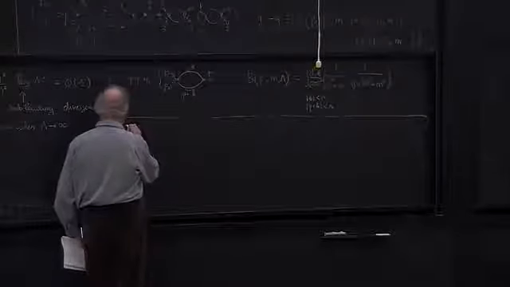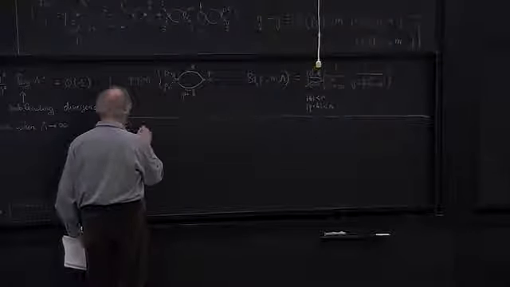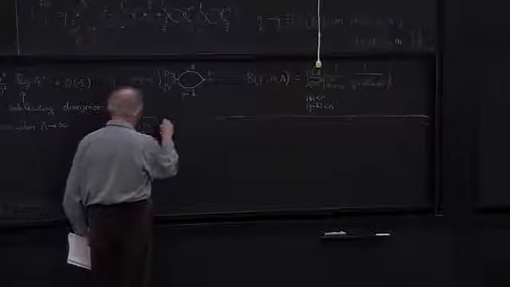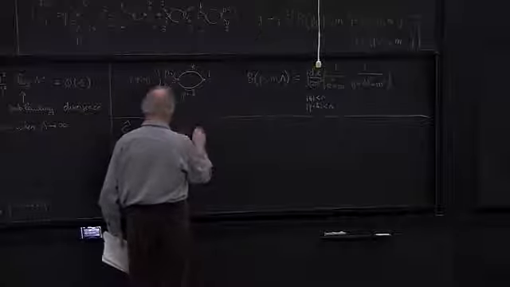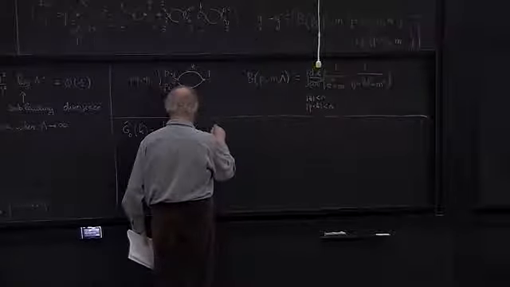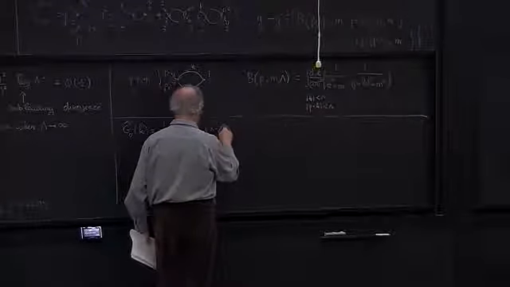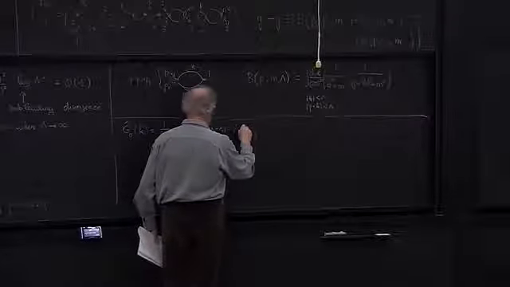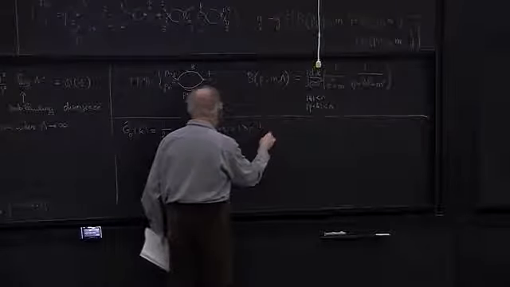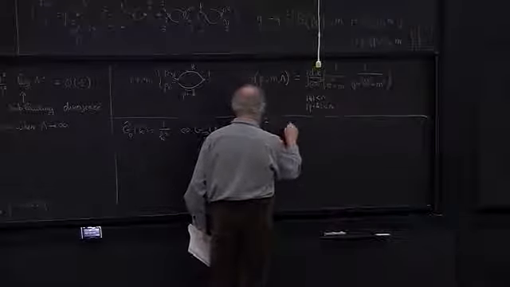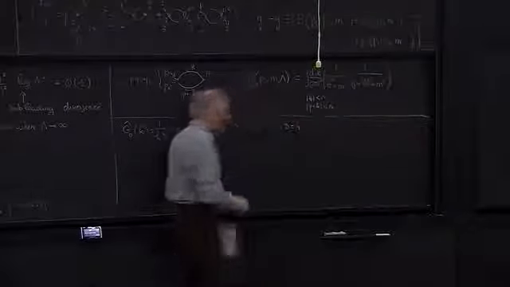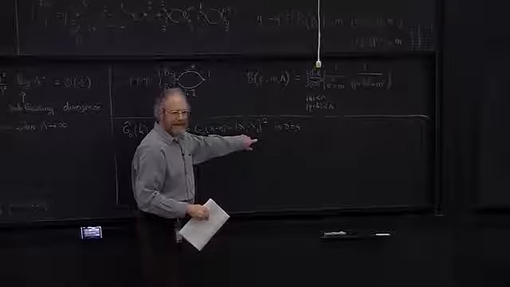So this comes from the fact that G0 of k behaves like 1 over k squared, which is equivalent to the fact that in position space, G0 of x1 minus x2 behaves like (x1 minus x2) to the power 2 minus d. So this was minus 2 in d equals 4. So it has a singularity.